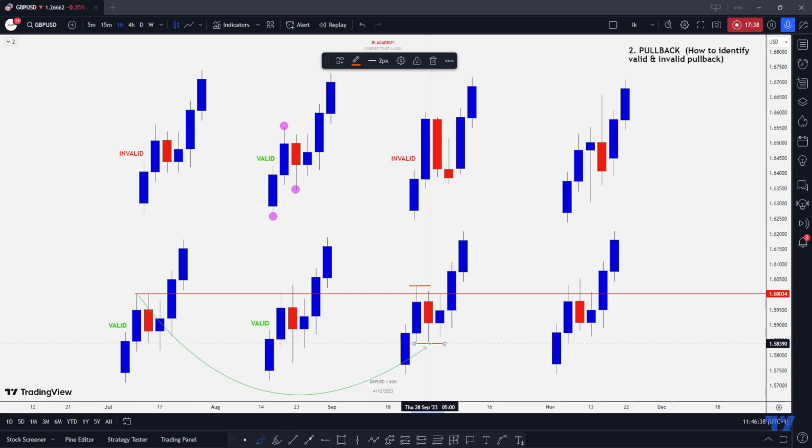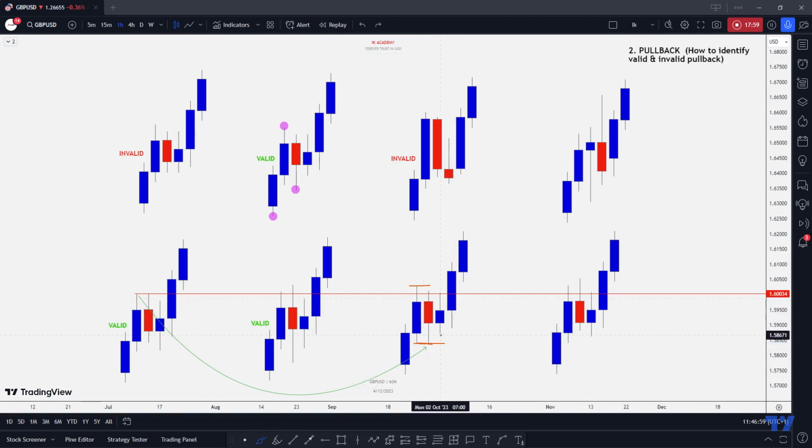So it basically means that there is not a proper pullback, because we need to see price take out the low, no matter how small it is, even if it's slightly. Sometimes you have to zoom in to see. But if price prints an equal low at the bottom, then this is not a proper pullback, this is an invalid pullback.